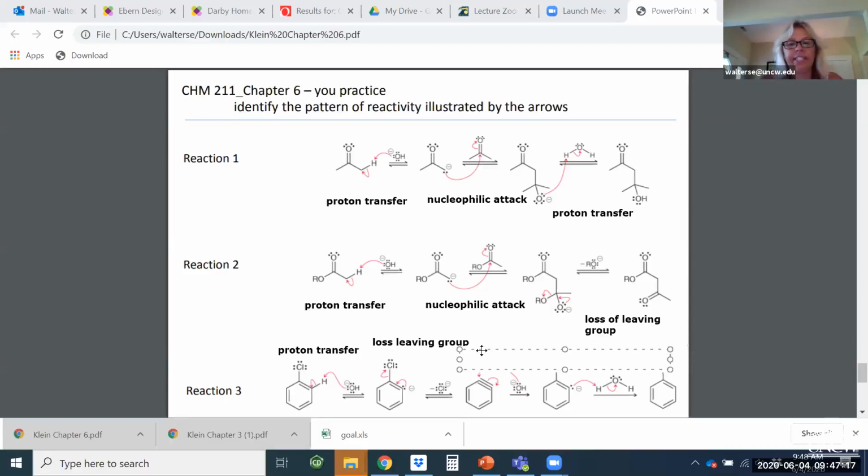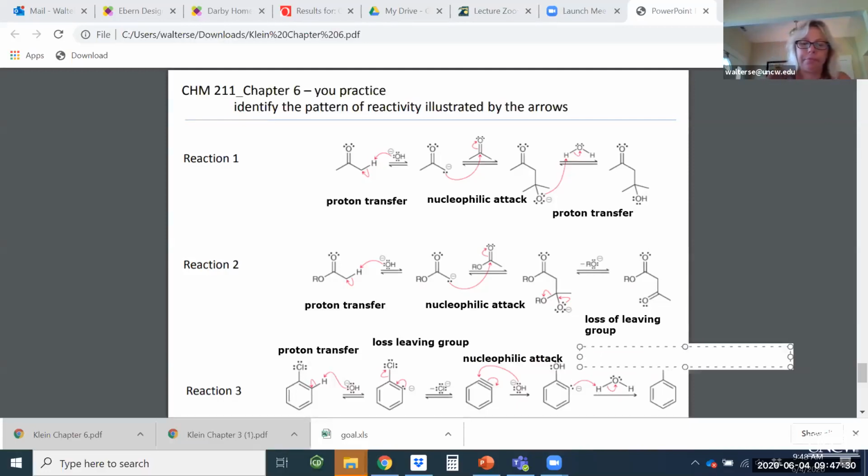It's nucleophilic attack. Lone pairs of electrons grabbing a proton, proton transfer. Are there any questions about either of those three reactions?